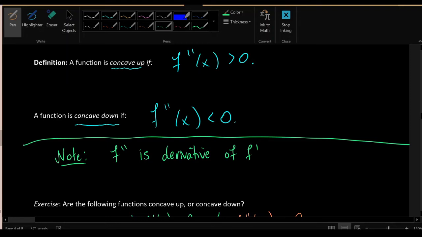And we have a relationship between the behavior of a function and the sign of that function's derivative. For example, if f double prime is positive, then that implies that f single prime is increasing.